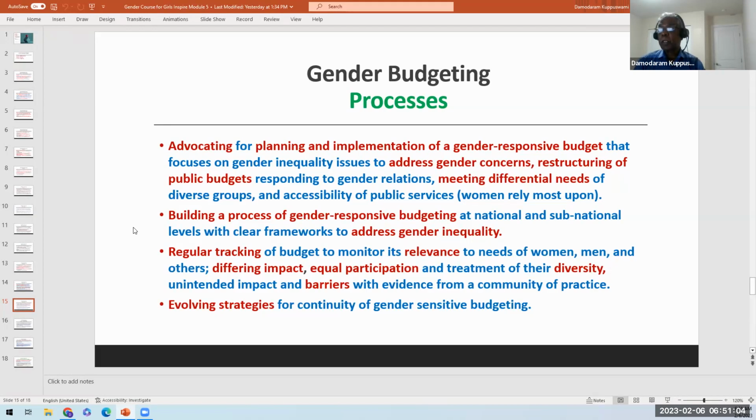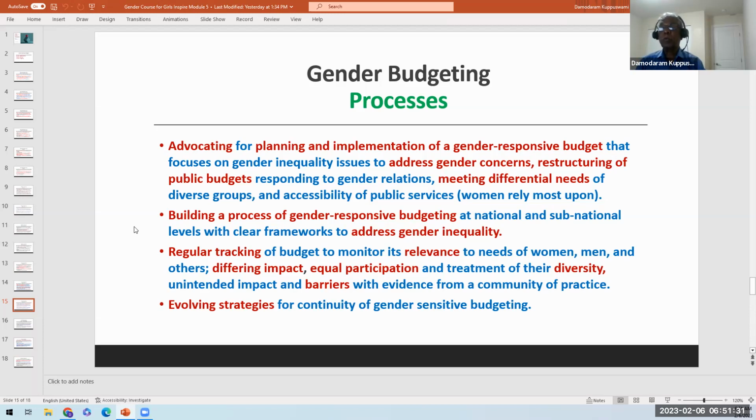When we look at differential needs, how are the budgets giving scope for increasing the accessibility of public services? Particularly in public services, whether nutrition or health, women depend more on them.